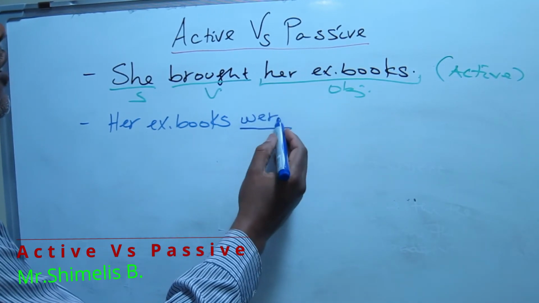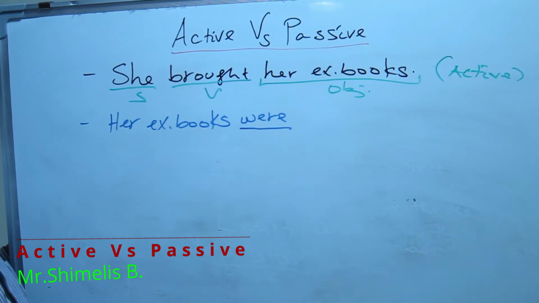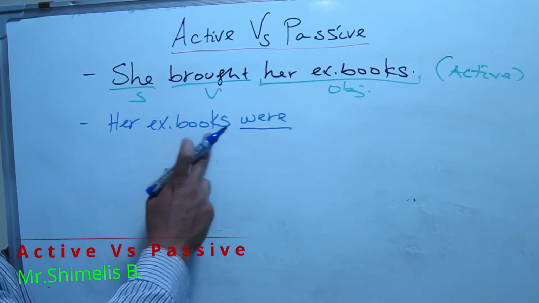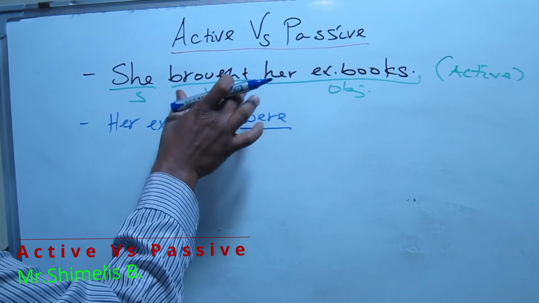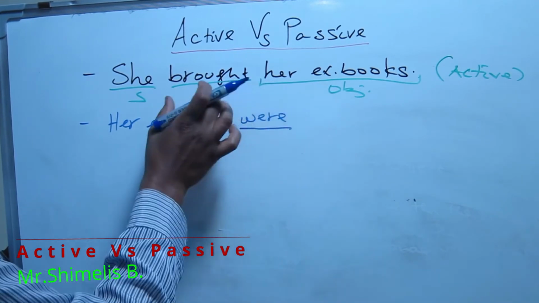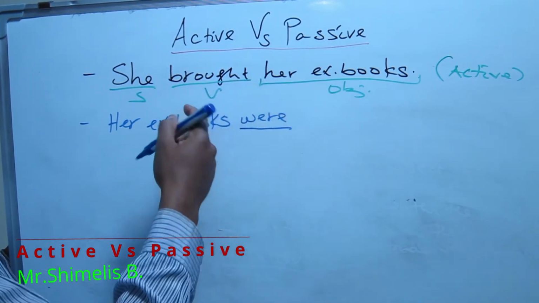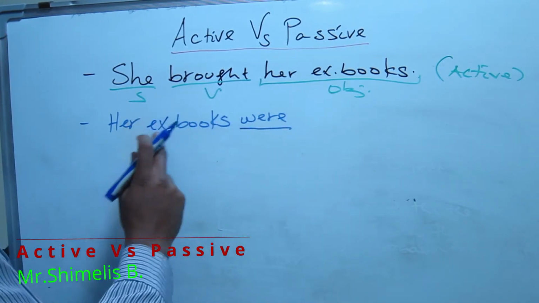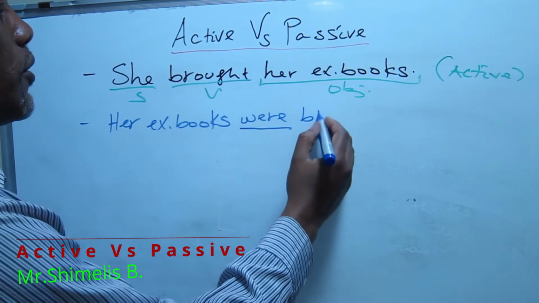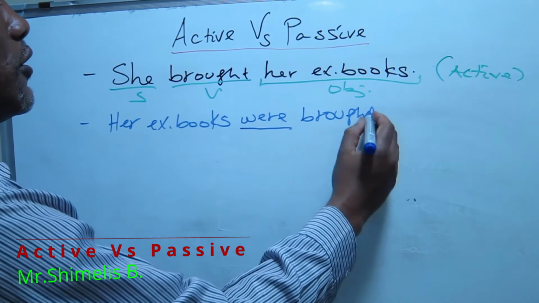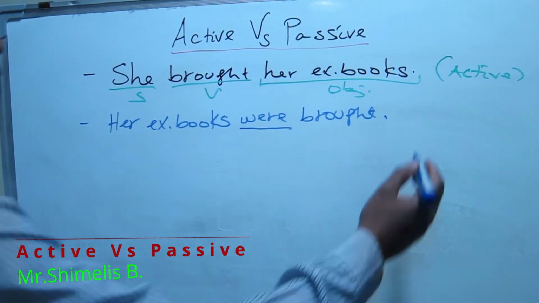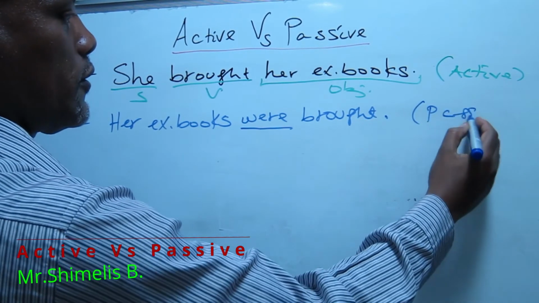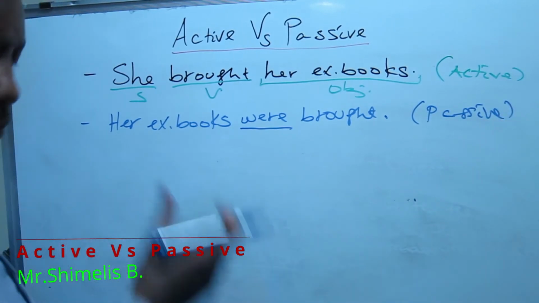So were becomes our auxiliary verb to be. So her exercise books were, and the next step is to change the main verb to past participle. The past participle form of brought is brought itself. So her exercise books were brought. That is the passive form.